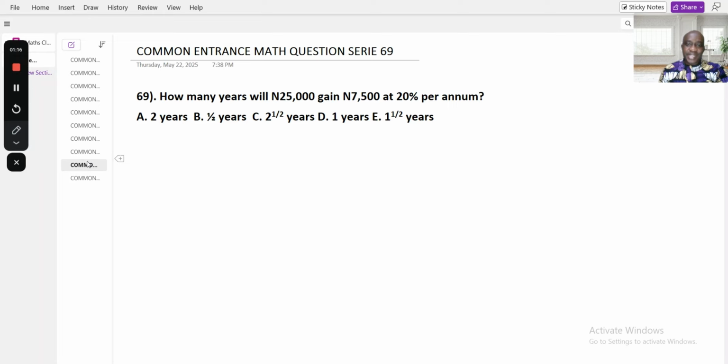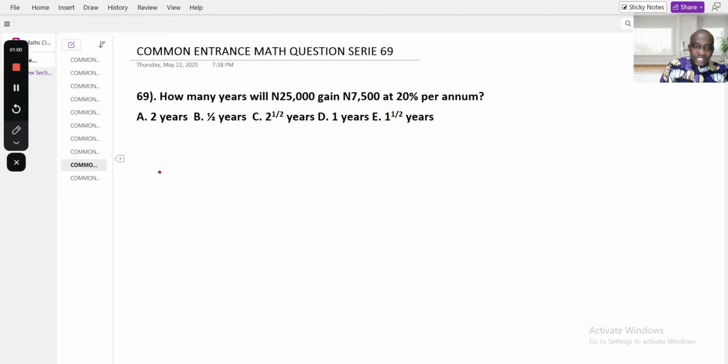How many years will 25,000 naira gain 7,500 at 20% per annum? This question is a simple interest. Do we all know the simple interest formula?